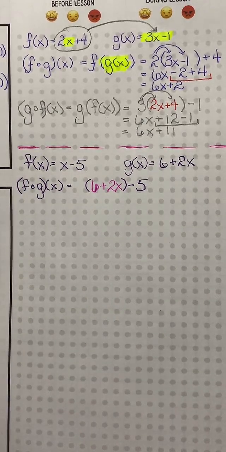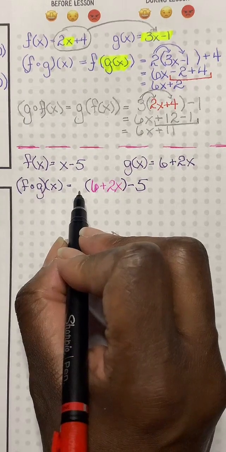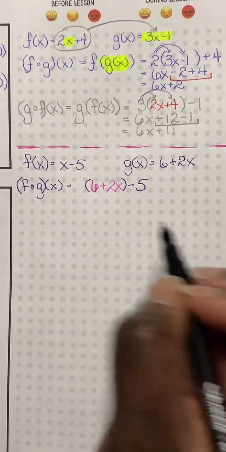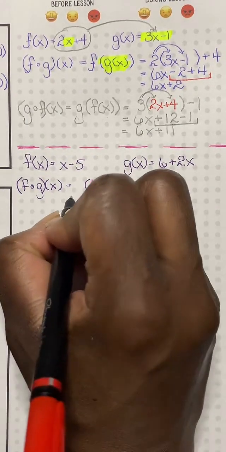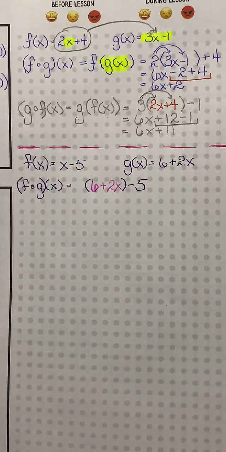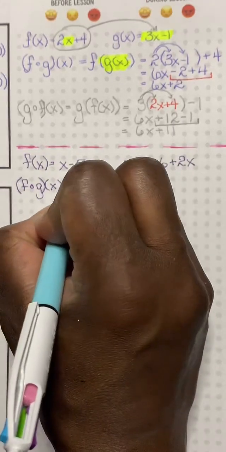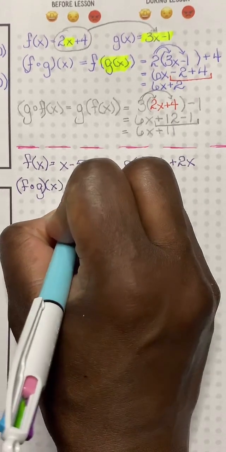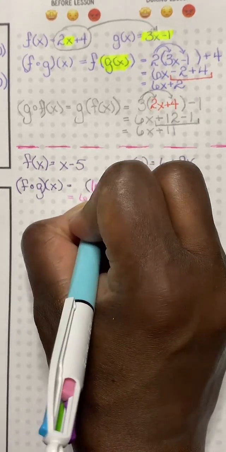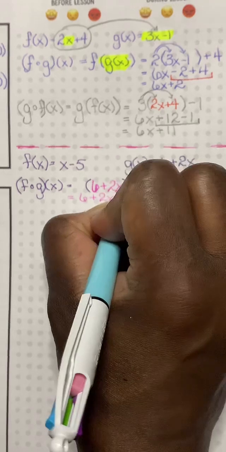So now, let's kind of put things in perspective. We don't have anything to distribute other than a 1. So you still have your 6 plus 2x, actually, minus 5.